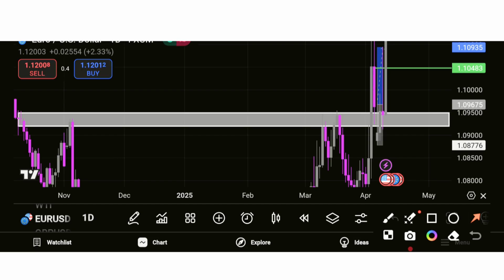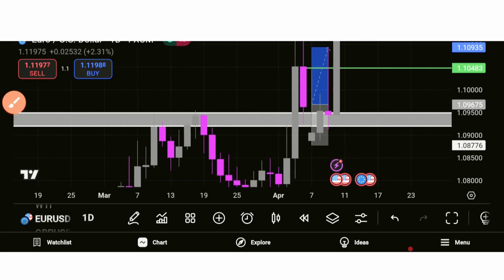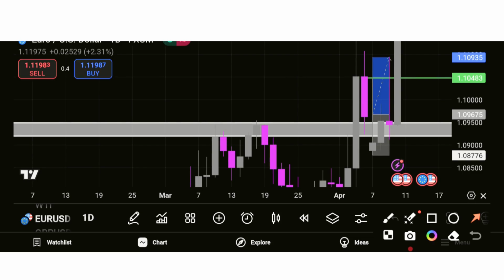So to begin, we can see we have a very important resistance zone on the daily time frame over here on Euro USD, and we can see that with one big daily candle we broke clean above this very significant daily resistance zone.